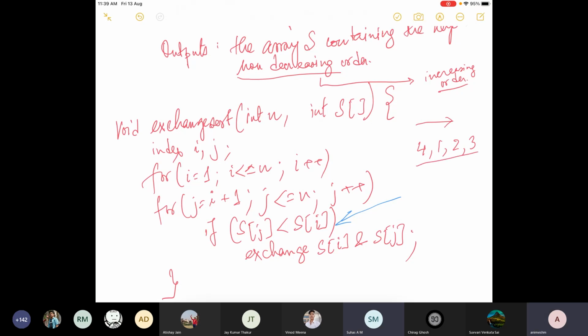Why not, sir? Because it decreases from 4 to 1. It should not decrease in any two successive numbers. That is non-decreasing. So non-decreasing applies on the whole set, just like increasing order. It has to be continuously non-decreasing. Okay.